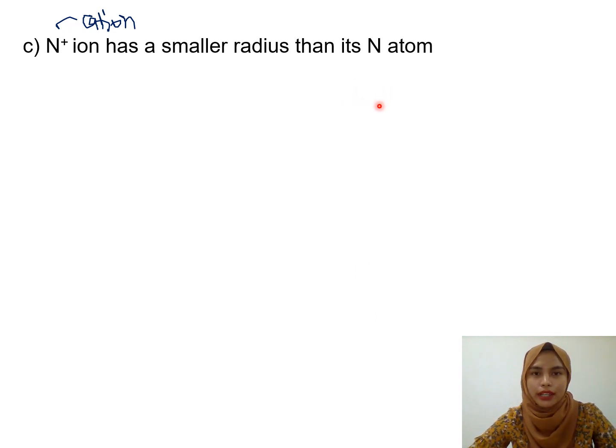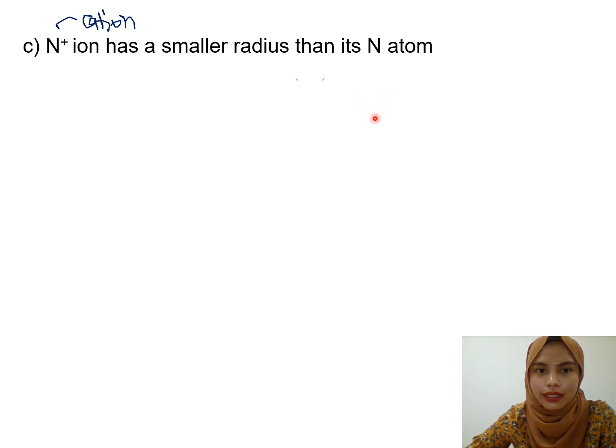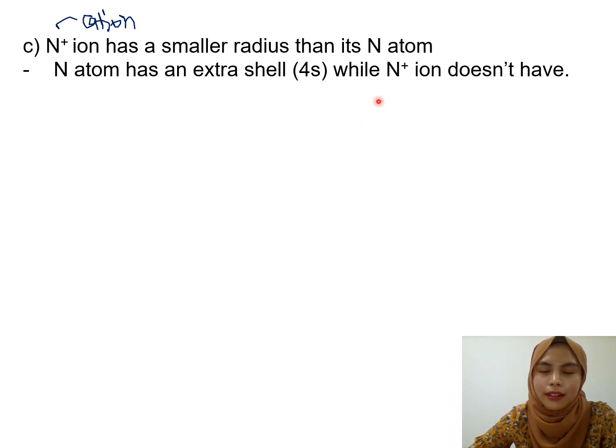So explain why. So if you want to explain it, okay, you boleh explain in the defense of cation or atom. But if let's say I nak explain in atom punya defense, okay, so I nak bagi tahu kenapa an atom ni lagi besar daripada N plus ion.